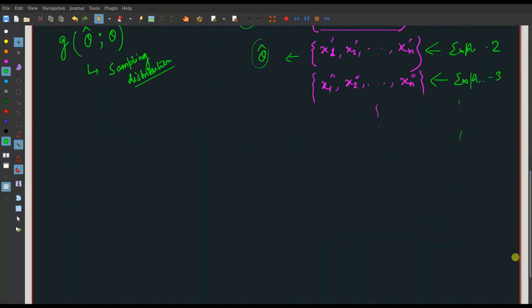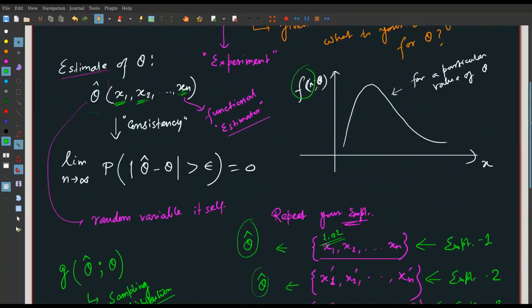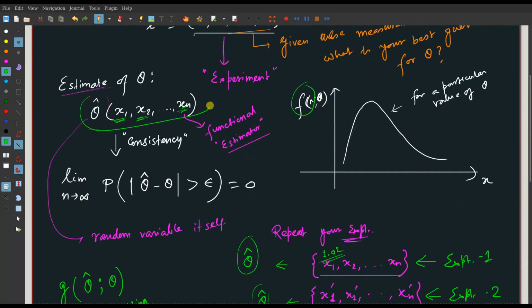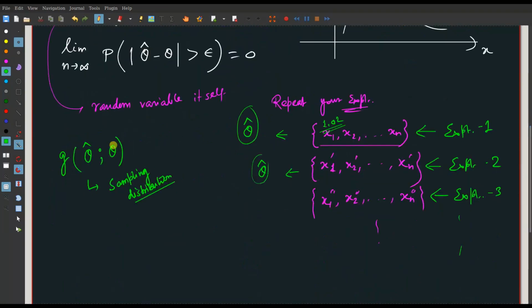Remember, once you have decided on the functional form of an estimator, your sampling distribution has been determined.